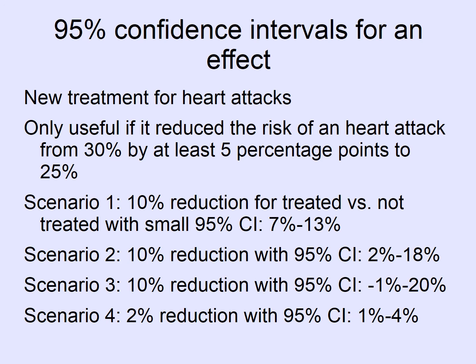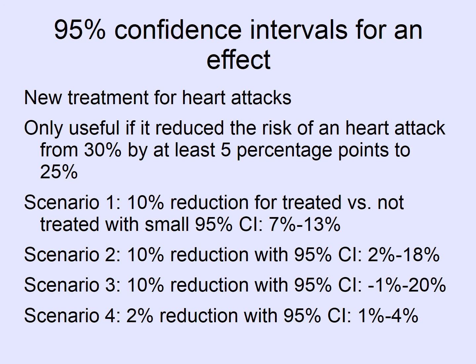Let's look at scenario 1. You get a 10% reduction, so that was your mean, and you get a confidence interval around that mean difference of 7% to 13%. Okay, you're feeling real good here. Not only do you have a point estimate, a mean reduction of 10%, but the confidence interval around that is small and does not go below 5%.